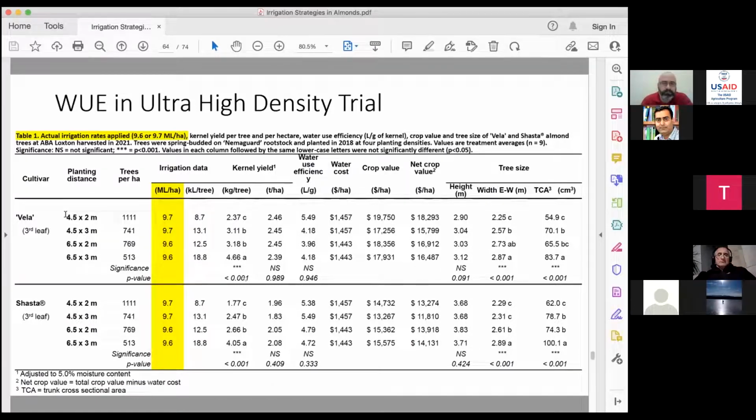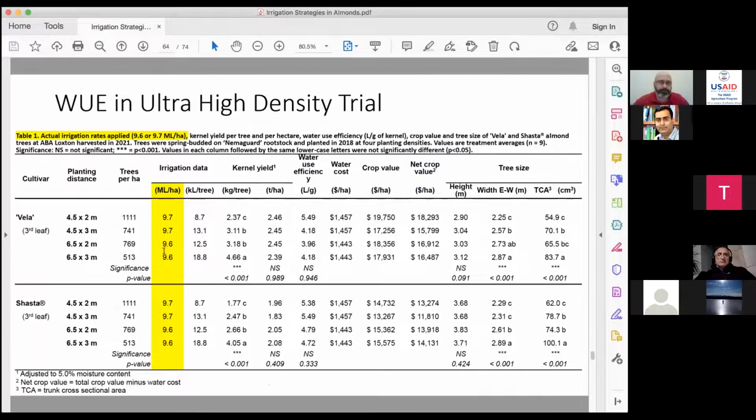The highest density we had was 4.5 meters row to row versus 2 meters tree to tree. So 1,100 trees per hectare, and these are the third leaf trees of the Shasta and Vela cultivars, and this is the irrigation data.